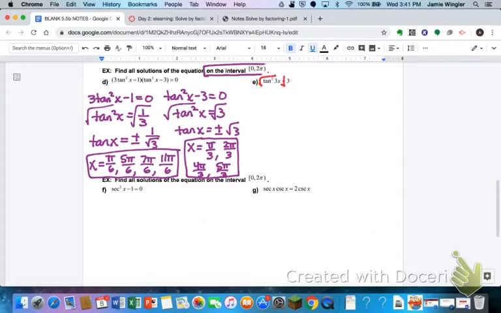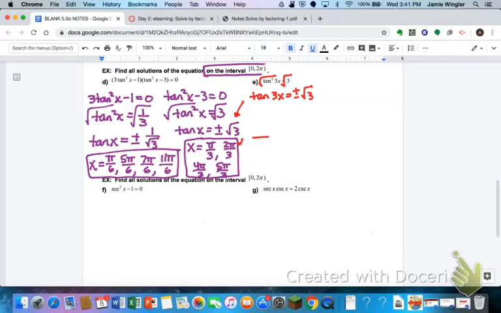So I'm going to take the square root of both sides, which gives me the tangent of 3x equals plus or minus, because I took the square root, radical 3. This is very similar to what I just did right here. So if I am ignoring the 3 in front of the x right now, I know that tangent of x equals plus or minus radical 3 at all my thirds again.